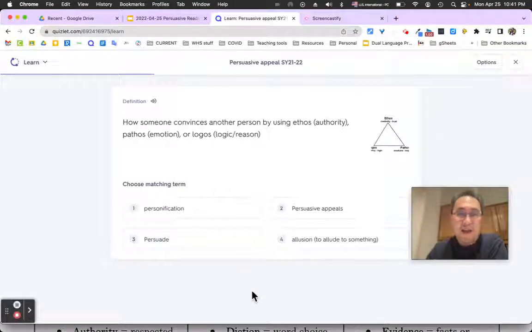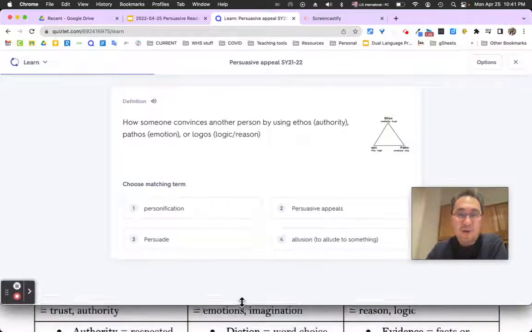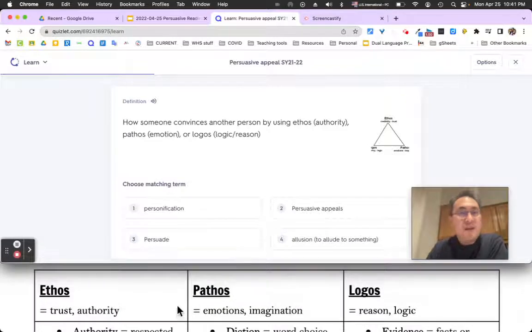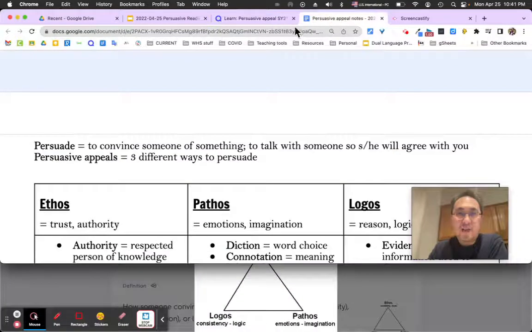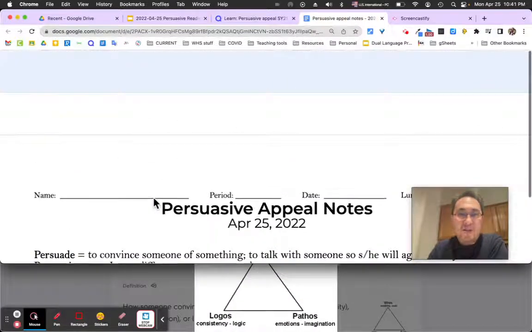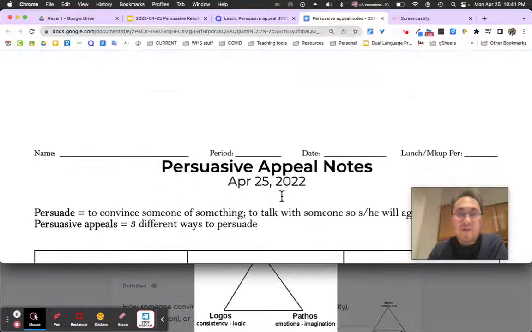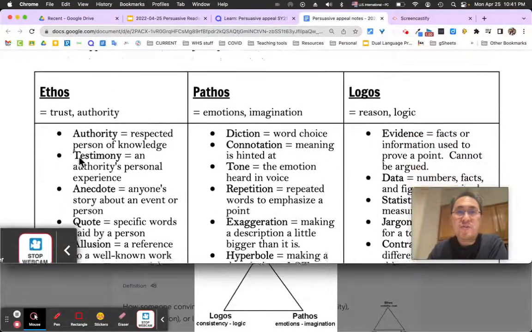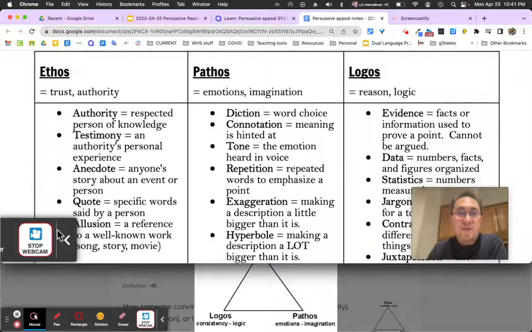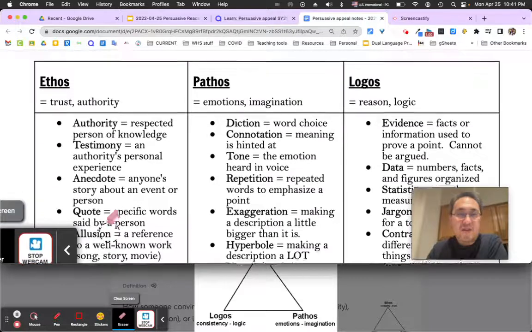We're going to be looking at these three things from your notes: ethos, pathos, and logos. Now, these are your notes from yesterday. Let me show you what they look like. They started off here, and I gave you those definitions, and then under ethos, pathos, and logos, I gave you these things underneath there.